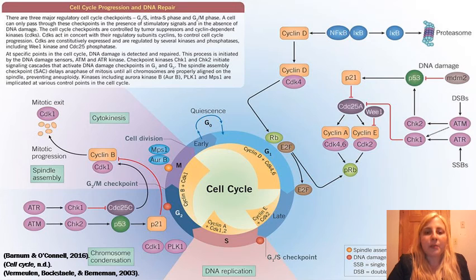Specifically, this checkpoint involves the delaying of anaphase so chromatids are not split incorrectly or incompletely, resulting in daughter cells with excessive or lacking chromosomes. Overall, while complex, this illustration gives a detailed and full picture of the complexity that is cell cycle regulation.